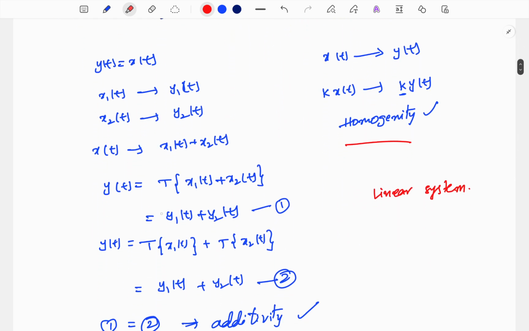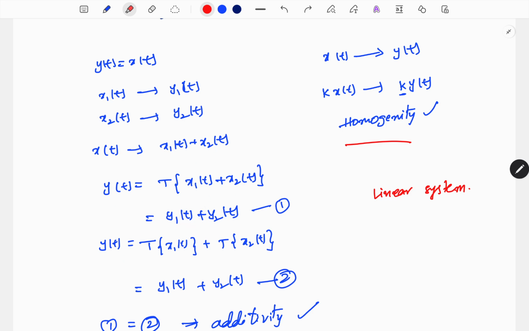This is the procedure for additivity. We replace x of t by x1 of t and get y1 of t. We replace x of t by x2 of t and get y2 of t. Now we substitute x of t with the combination of x1 and x2, and we have to get y1 of t plus y2 of t.